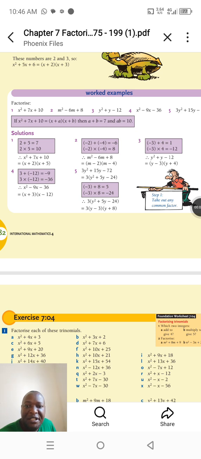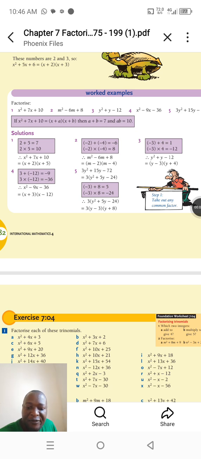So such numbers are 2 and 5. If you take 2 plus 5, you get 7, which is the coefficient of x. And 2 times 5 is 10, which is the product of the coefficient of x squared and the constant c, in this case 10.